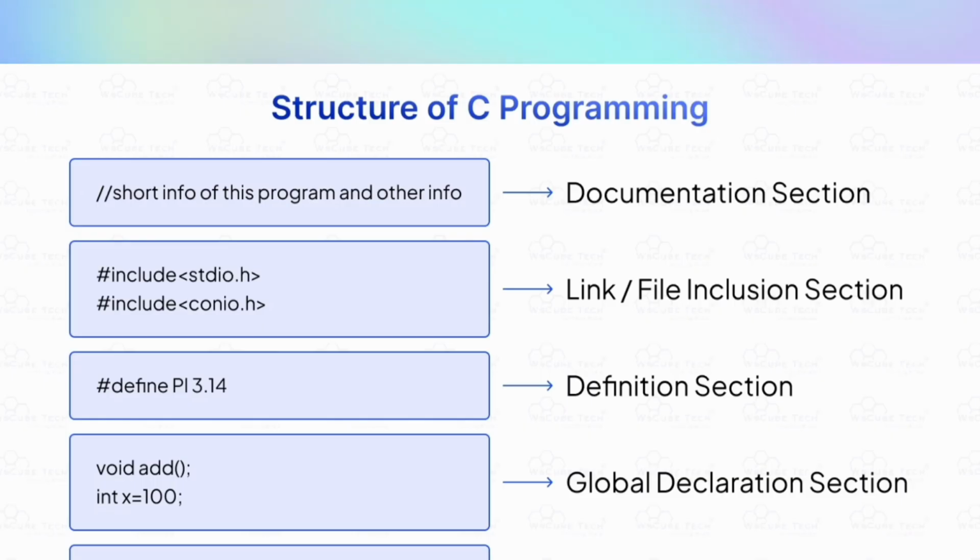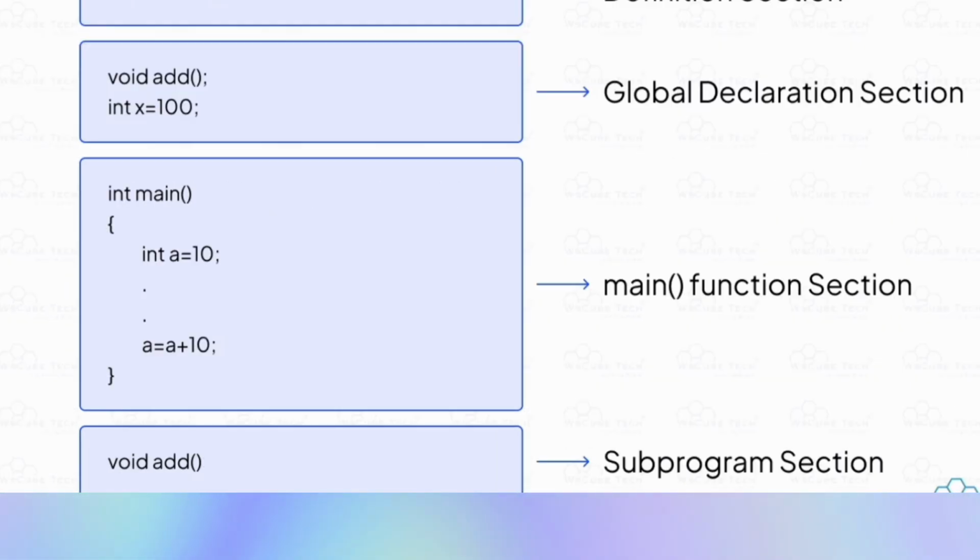This is a diagrammatic representation of the structure of the C program. Documentation section, link and file inclusion section, definition section, global declaration section, main function section, subprogram section.